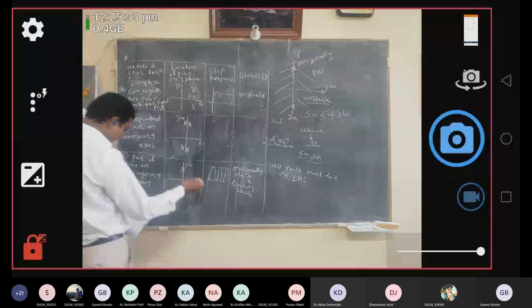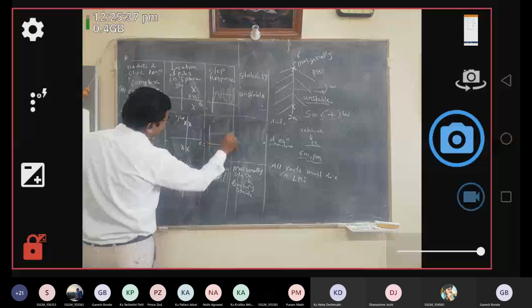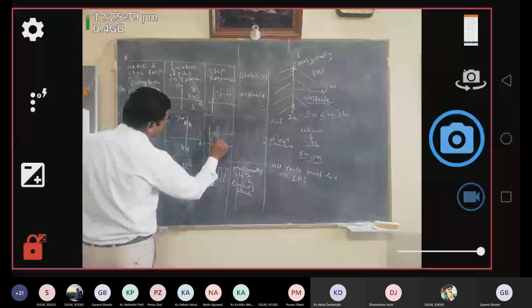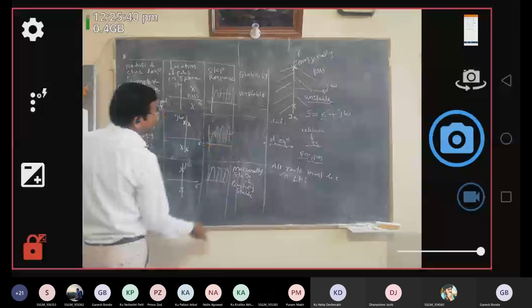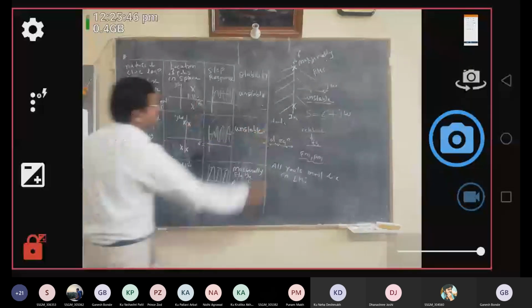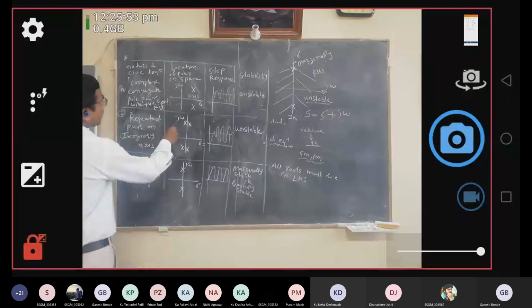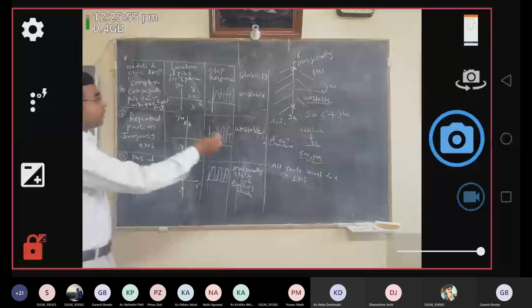In that case, again your step response could be of this type of nature, and again your system becomes unstable. So these are a few possible cases of different roots located in the S plane, and we have directly commented on the stability.